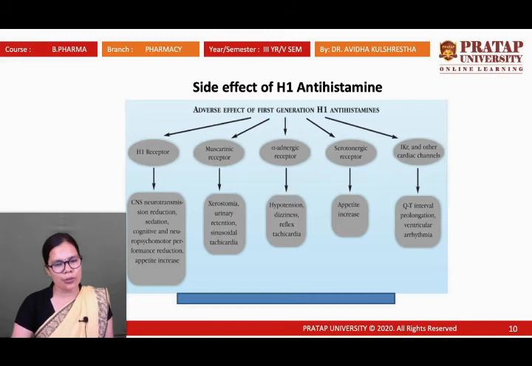Some cardiac issues are also created due to interaction with cardiac channels. So the H1 antihistamine creates some basic side effects just because of the interaction with these other receptors. Instead of only interacting well with the H1 receptor, they also create some side or adverse effects. These side effects can be minimized in the second generation antihistamines.